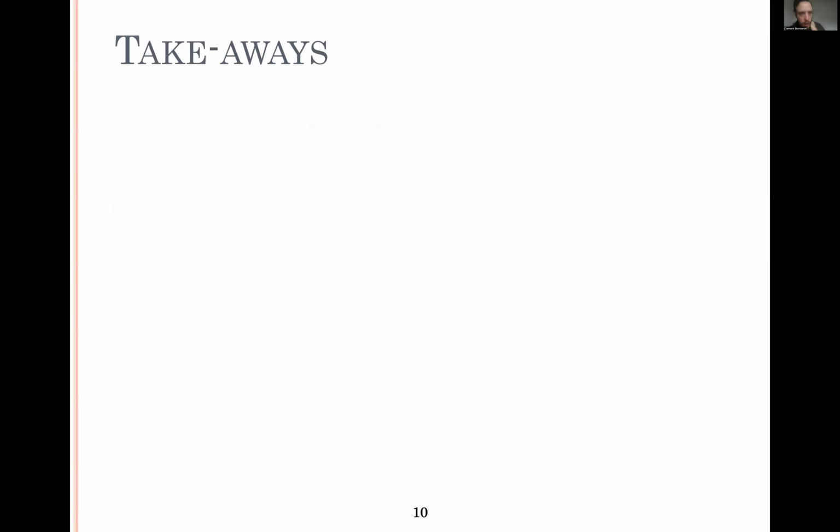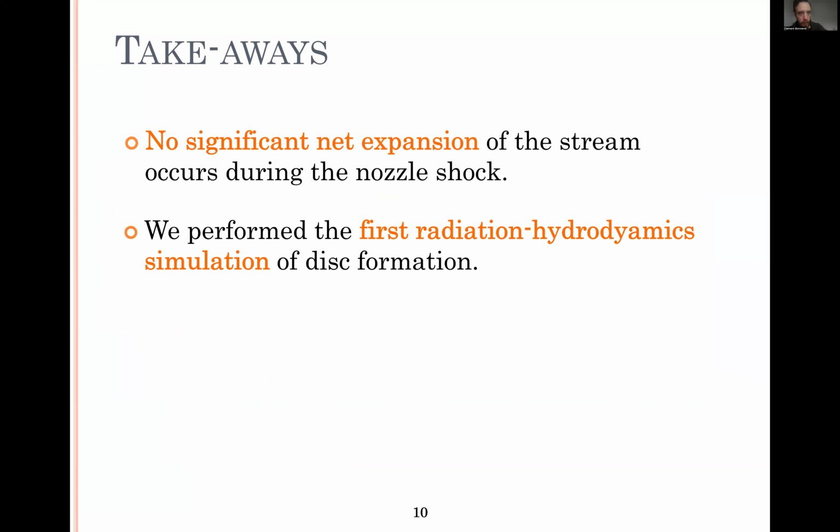All right, so that's basically my last slide. I just want to give some takeaways. I didn't talk about the first point, but I can come back to it if you want. The second point is that we performed the first radiation hydrodynamic simulation of accretion disk formation, finding that the disk is able to form promptly, and the radiation from this formation irradiates a larger surrounding envelope.